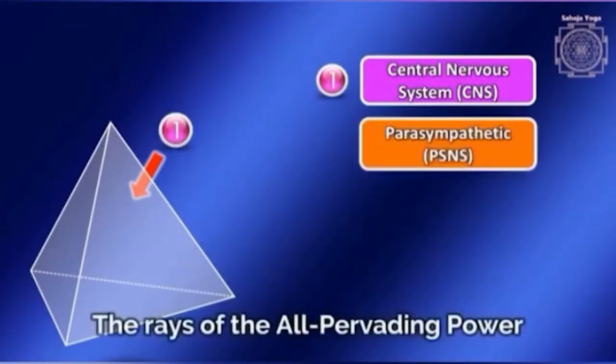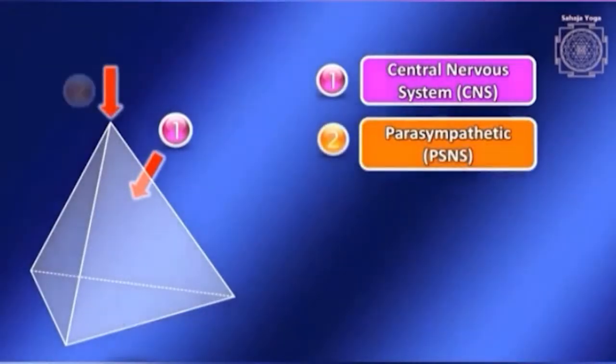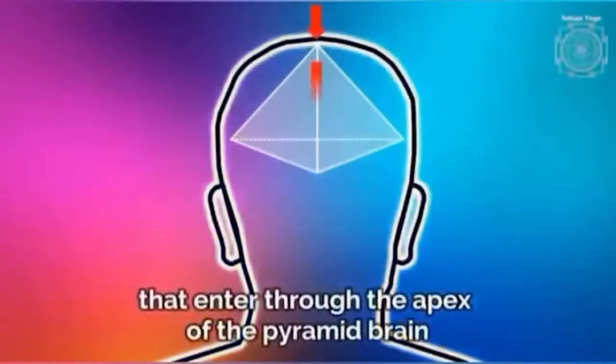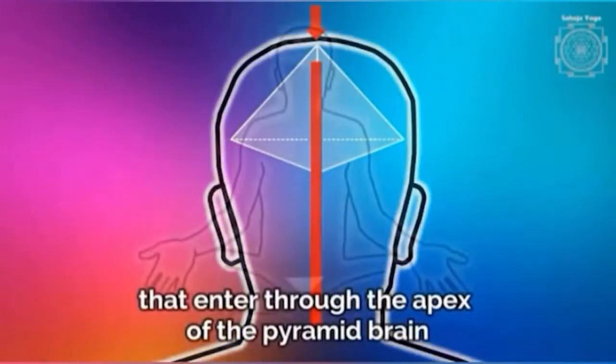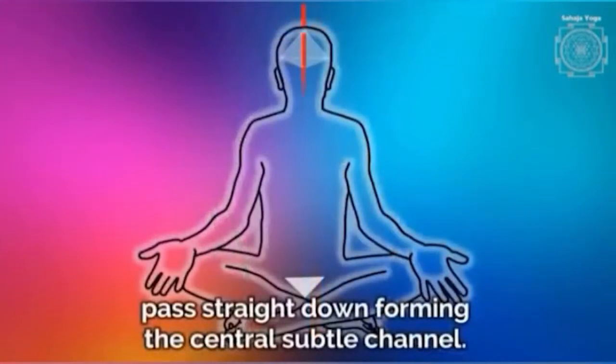The rays of the all-pervading power that enter through the apex of the pyramid brain pass straight down, forming the central subtle channel.